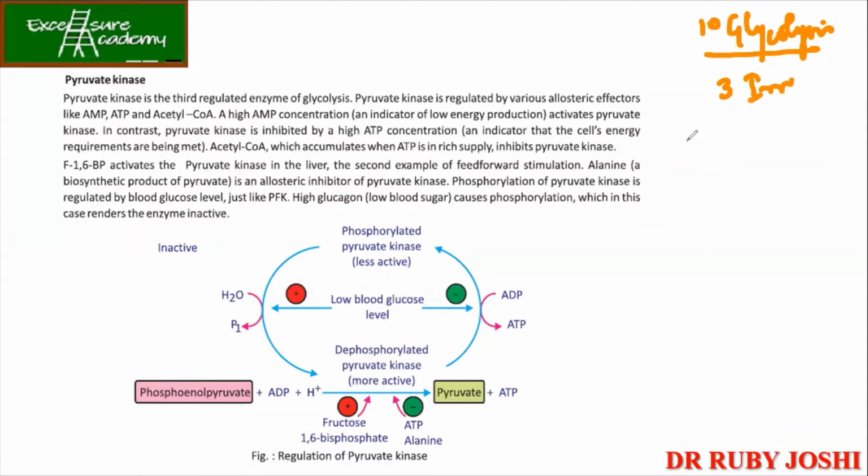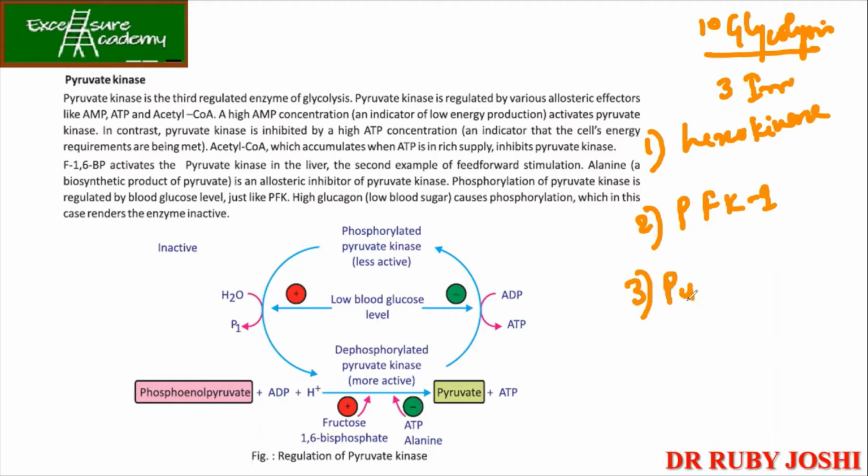First is the hexokinase, so you have regulation at the hexokinase level. Second is phosphofructokinase, where fructose 6-phosphate is converted to fructose 1,6-bisphosphate. And the third one is pyruvate kinase. We have already discussed the other two, and today we are going to discuss the regulation of glycolysis based on pyruvate kinase.